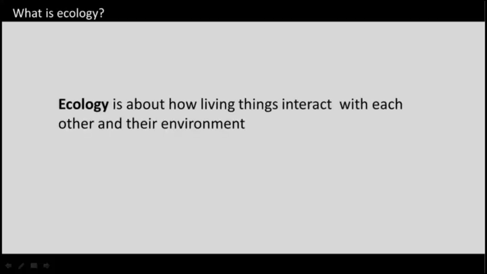Ecology is about how living things interact with each other and with their environment. Ecology is also sometimes called the study of ecosystems.